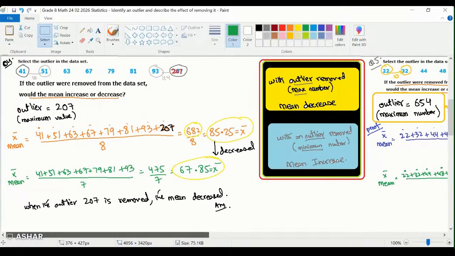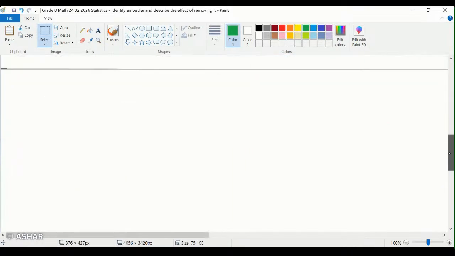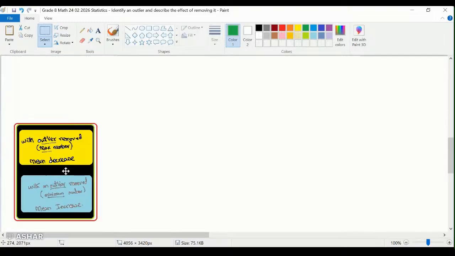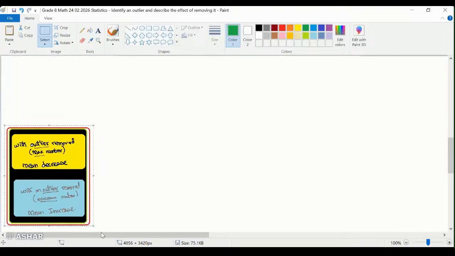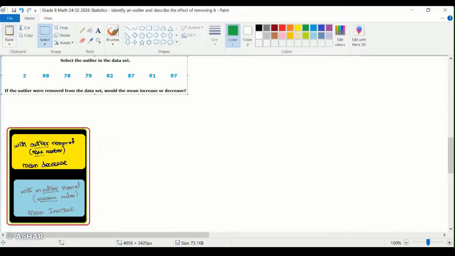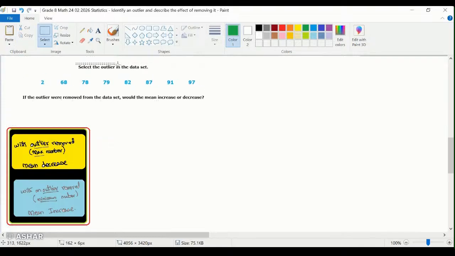Thank you. If we have another question, question number 8. Let's say for the given values, these were the values given to us. Let me realign this. Select the outlier for the data set if the values provided are these.